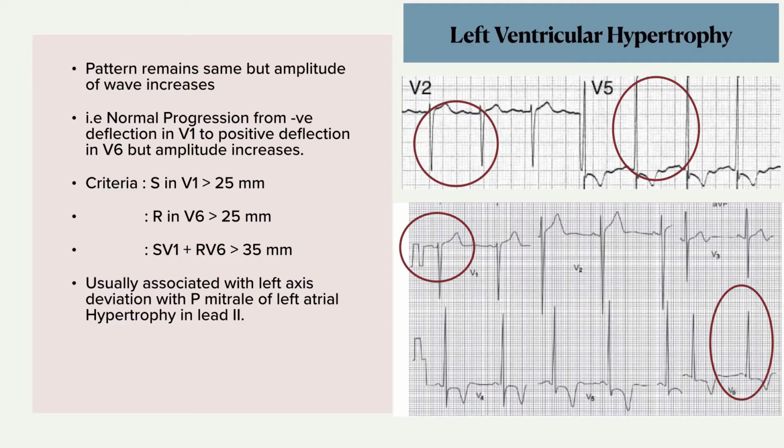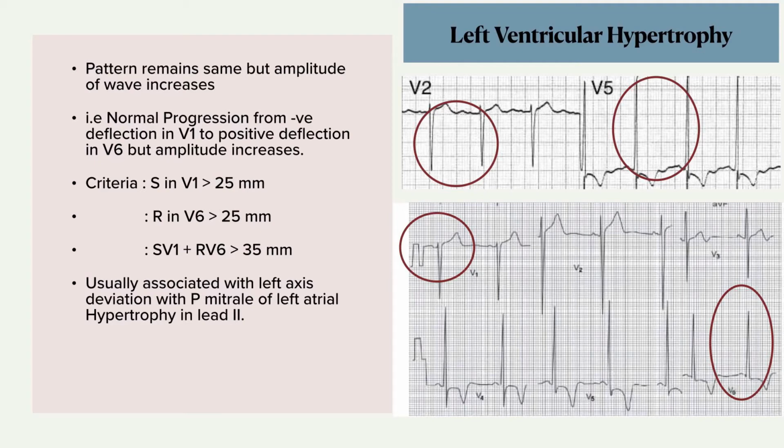The criteria of diagnosis are if any of these, that is S in lead V1 or R in lead V6 is more than 25 mm, or the addition, that is SV1 plus RV6, is more than 35 mm, then the diagnosis of left ventricular hypertrophy is made.